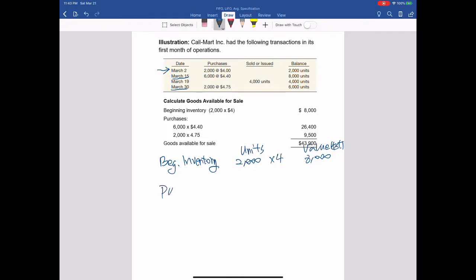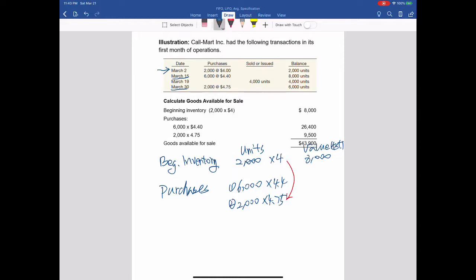There are 2 purchases on March 15th and March 30th. For the first purchase, it is 6,000 units. Unit cost is $4.40. The second purchase is 2,000 units. The cost is $4.75. From the first, March 2nd, to the last purchase, March 30th, the cost of inventory keeps increasing.